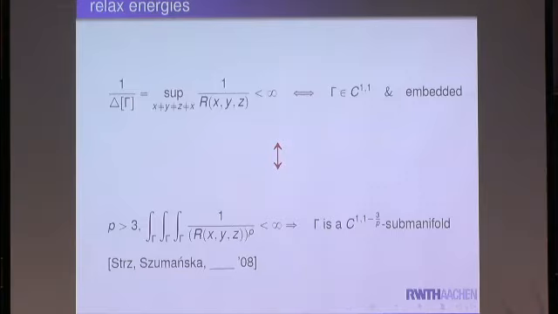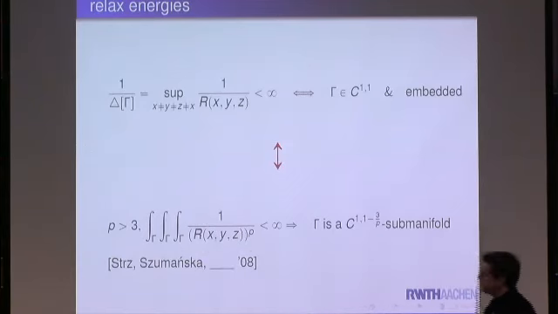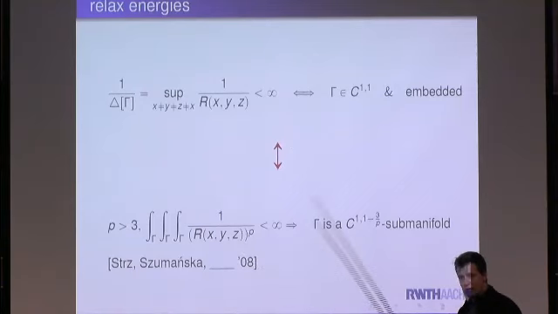So, in a sense, this is not only an arrow from up to down, relaxing the energy, but also from down to up, because you could now take this energy to the power 1 over p. And if you have that, it's like the L^p norm of 1 over r.